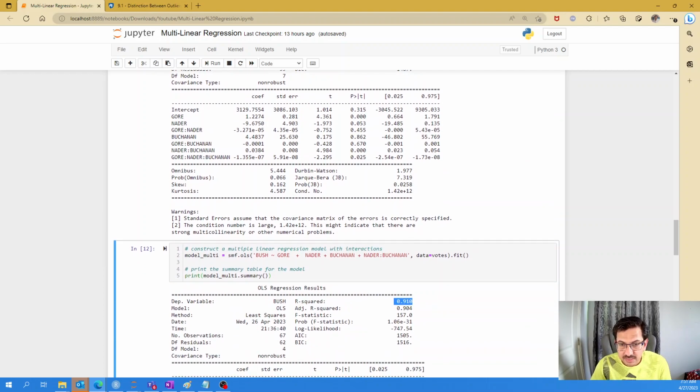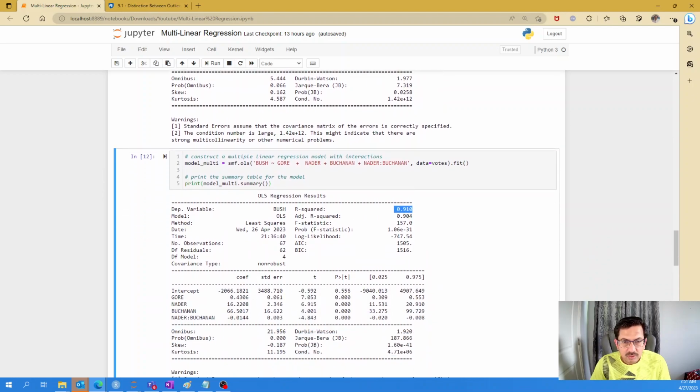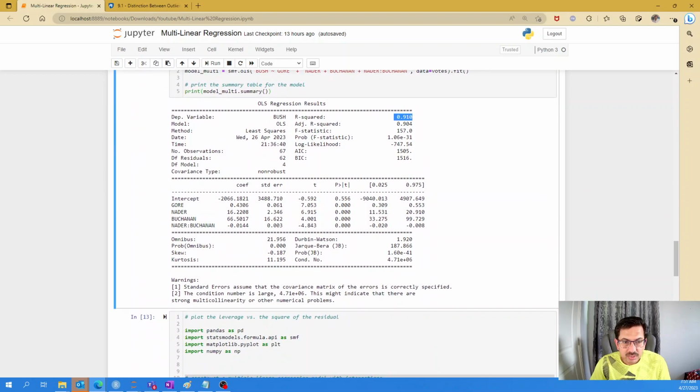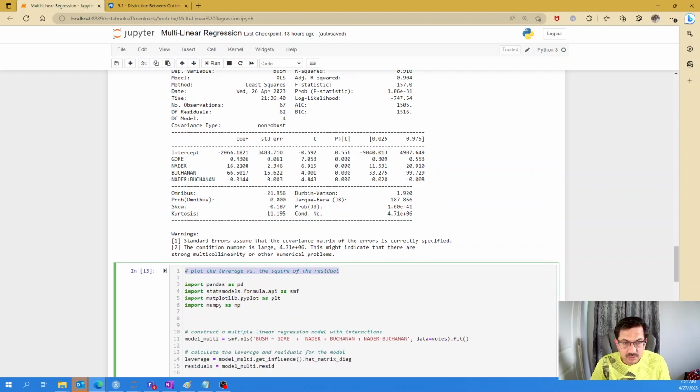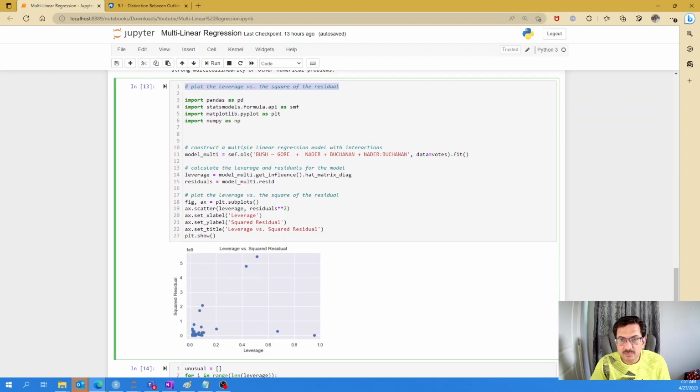Sorry, in this case it's dropping, and that's the reason, because here it's a drop. Okay, so now we will think about this leverage versus square of residual graph. This plot will tell us, okay, you built this model, but your model performance got dropped.